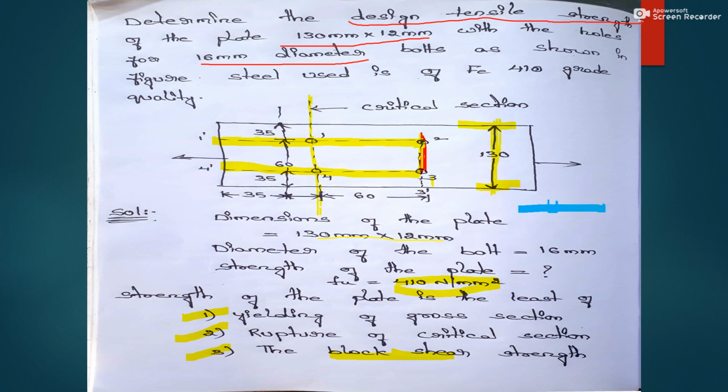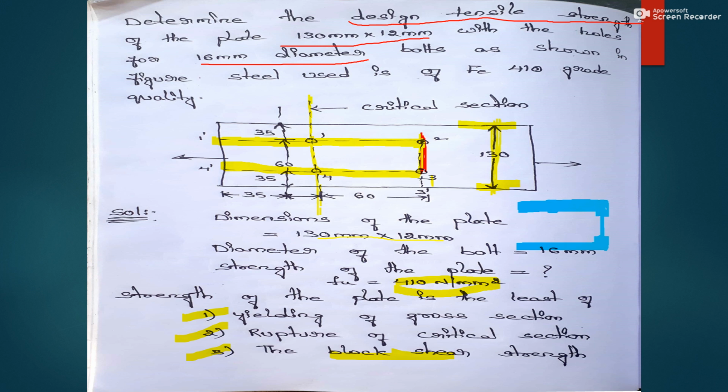So this is the complete hole and this is the half hole only, it will be sheared off. It is not from the complete hole. Only from the center it is shearing off, not completely from here to here. So half at the top, half at the bottom.